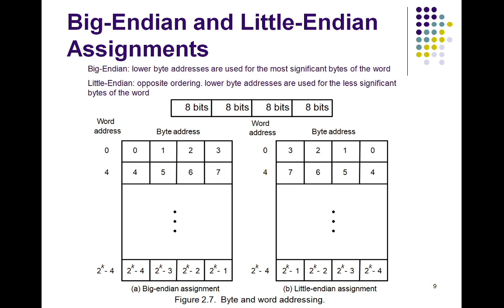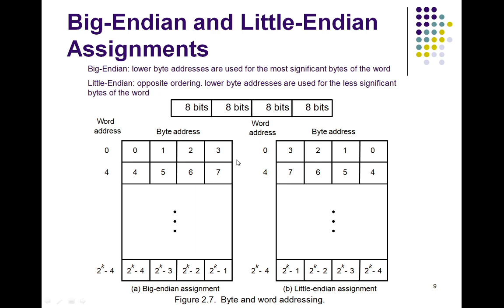But the name little endian is exactly in the opposite order. As you can see in this little endian assignment, the lower byte address is used for the least significant byte or the least significant word position. This type of memory assignment is known as a little endian assignment.